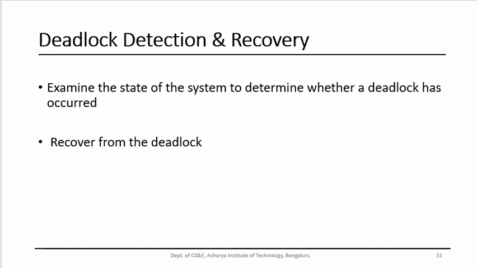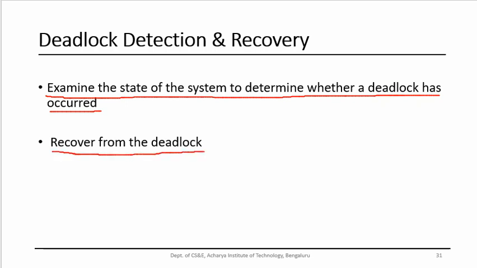Okay, so those are the 2 points that I have put here. If you are not using deadlock prevention or deadlock avoidance mechanisms, then you should have an algorithm to examine the state of the system to determine whether a deadlock has occurred. And if you detect a deadlock in the system, then you should have another algorithm which could take the system out of the deadlock, which is known as recovery from the deadlock.